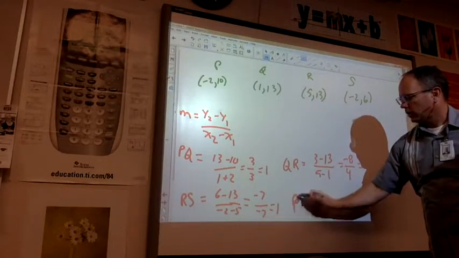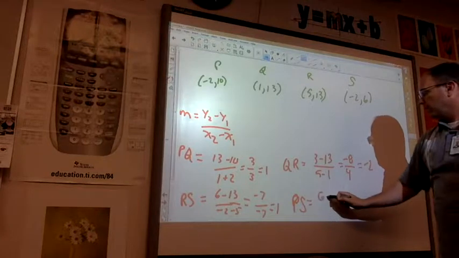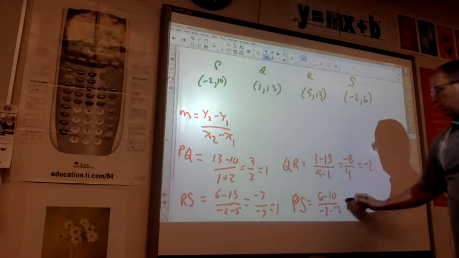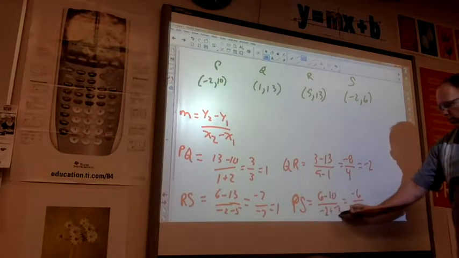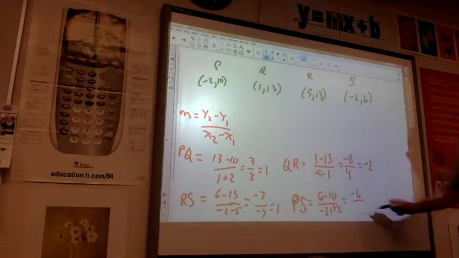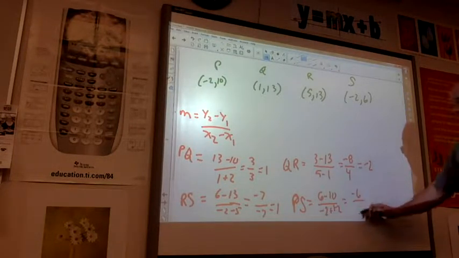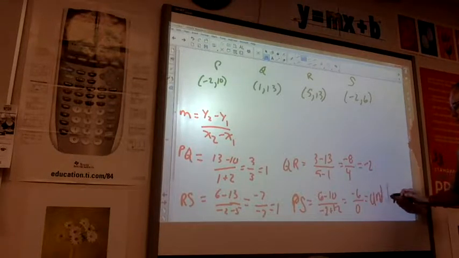That's a P, sorry. PS is going to be 6 minus 10 over negative 2 minus negative 2, so that's going to be negative 6 over 0. So that is an undefined slope. So that means it would be a vertical line then.